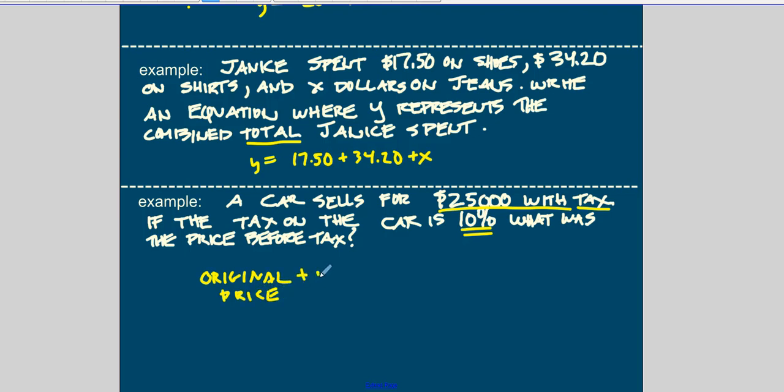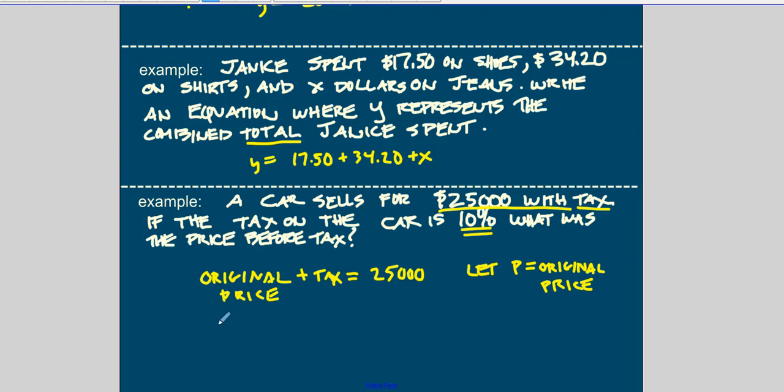Original price plus tax is going to equal $25,000. Okay, so I'm going to call the original price P. Okay, so the original price of the car is, well, I'll show you a couple of ways to do this.